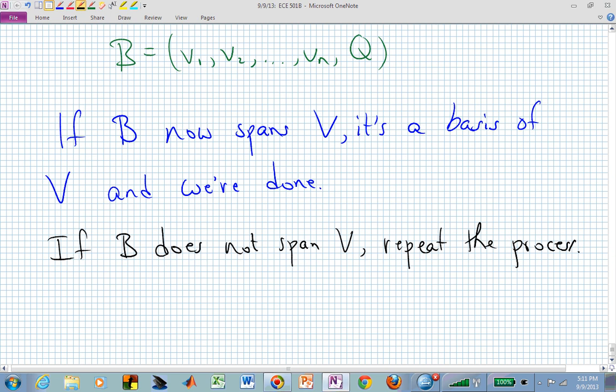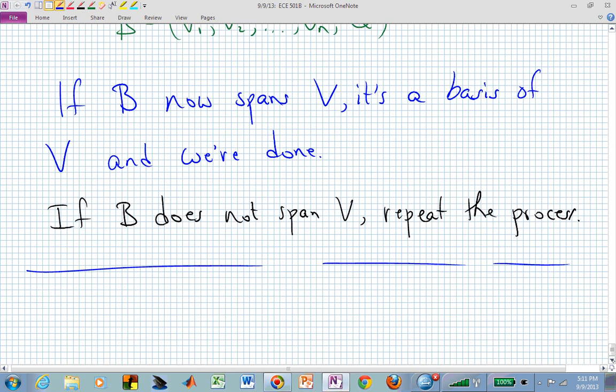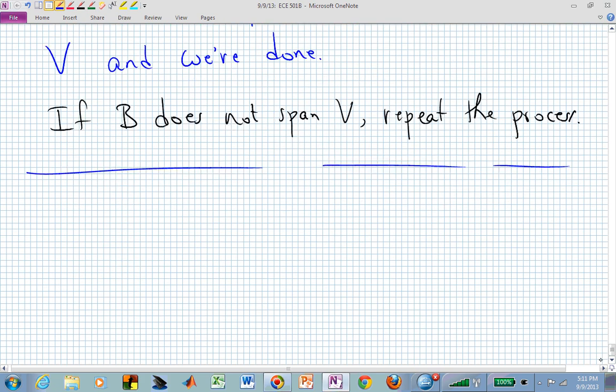Let's just put this into an example so that we can make sure that we're all on the same page with this idea of now building up from a linearly independent set of vectors.